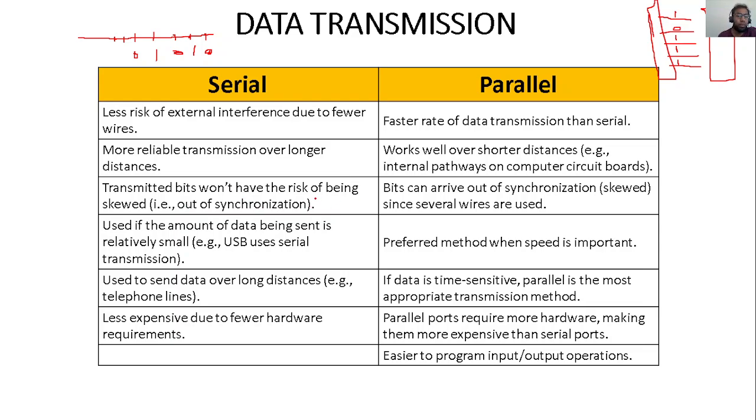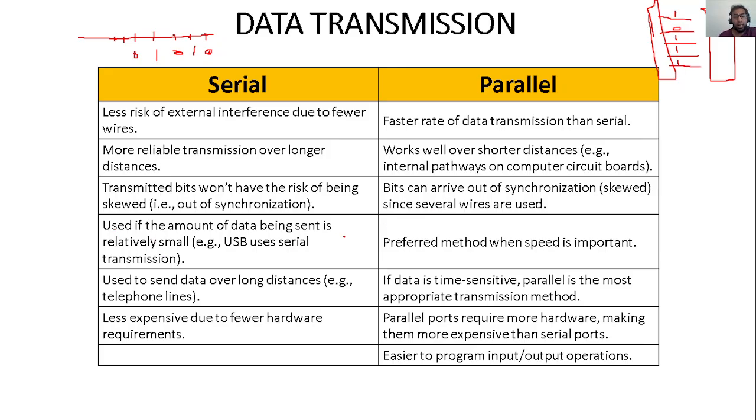By skewed it means that they will not disperse. They will transmit in the right order. But in parallel, bit transmission can get skewed, and their order may differ. Bits can arrive out of synchronization, meaning bits can arrive out of order.